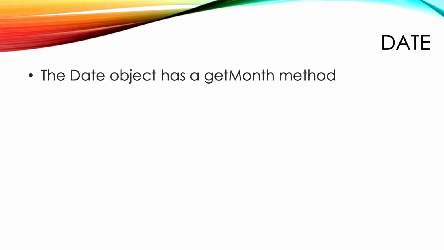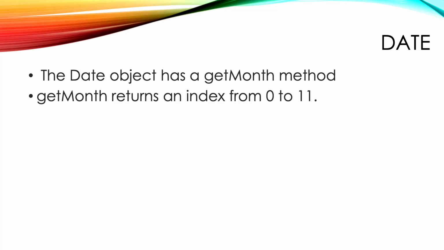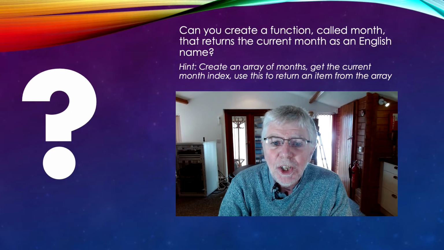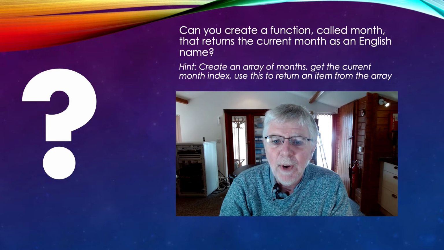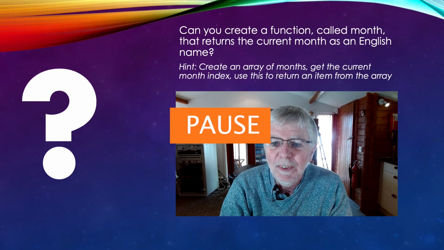The date object has a method getMonth that returns an index from 0 to 11. Can you create a function called month that returns the current month as an English name? You'll need to create an array of months, get the current month index, then use this to return the right item from the array. Pause the video and give it a try.